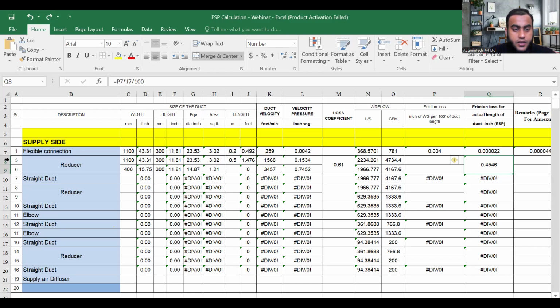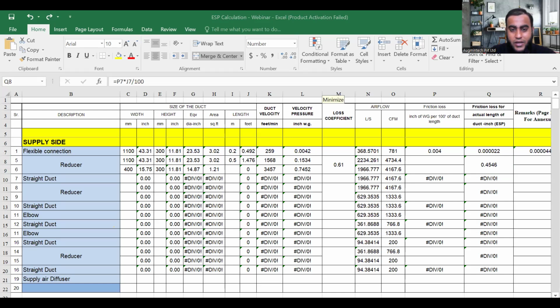Just wait, P7 it is showing into J7. It's not correct. So here you have to let me know from the software how much we have got. Yes, anyone? Yeah, I know that.